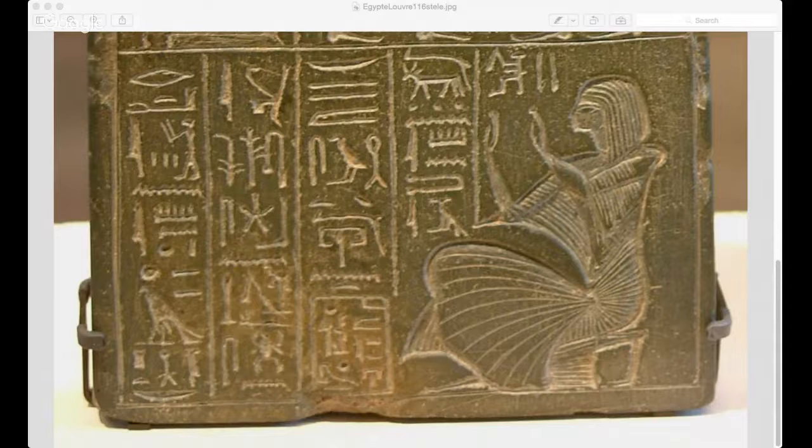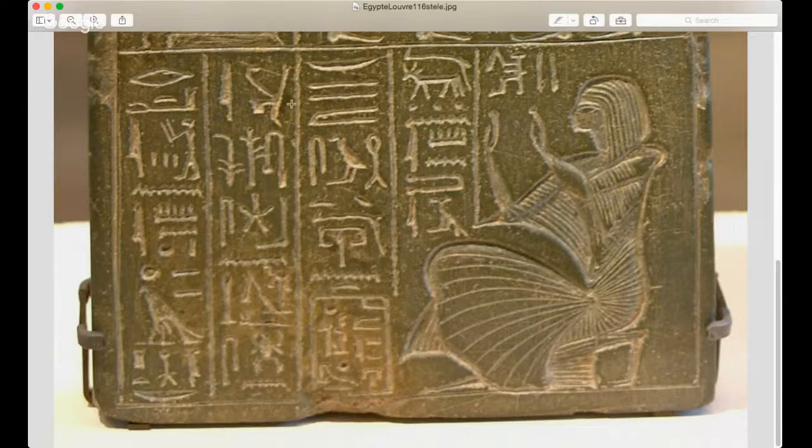The first two signs we group together. This is I N, N. Sometimes that could be translated as "by." But then underneath that we have Sesh Nesut.